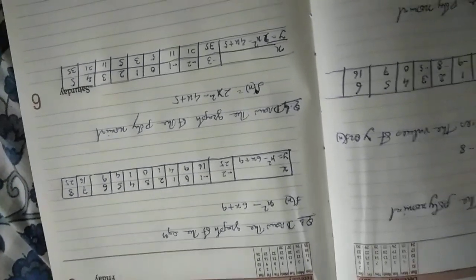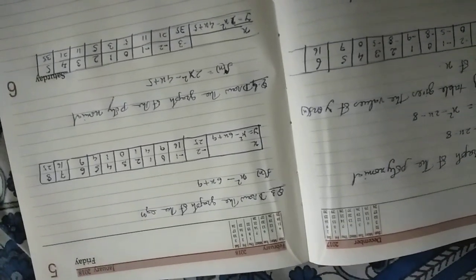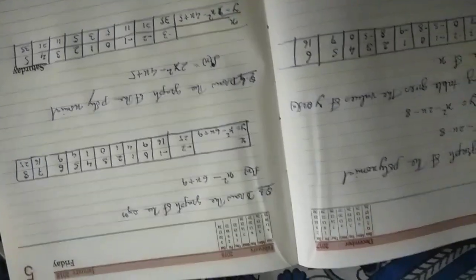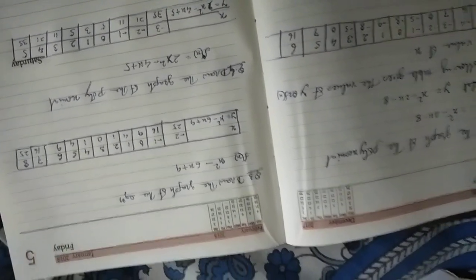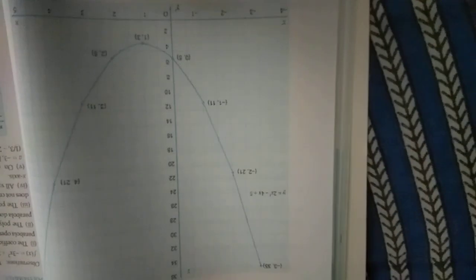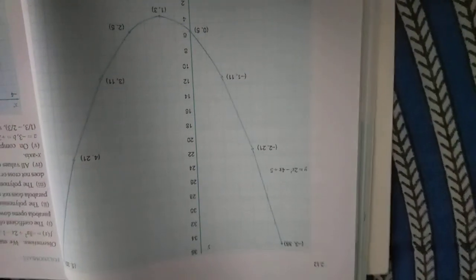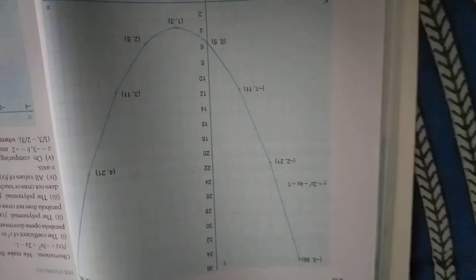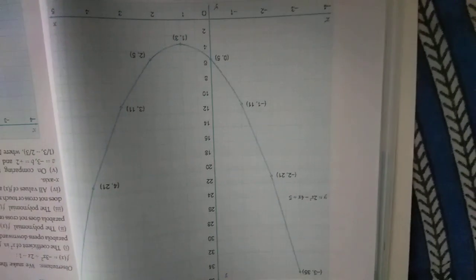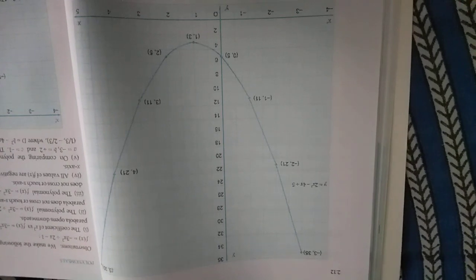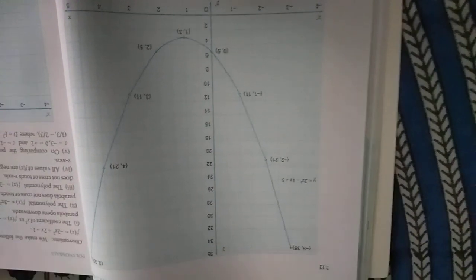If we try to draw the graph of 2x square minus 4x plus 5, then you will see the graph will not intersect the x axis. That means this graph has no zero.